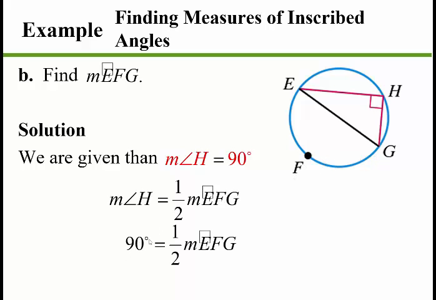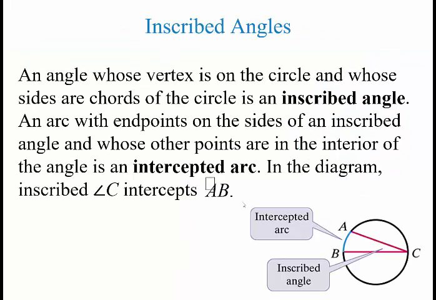So put 90 degrees over here. Basically, you have to multiply both sides by 2. What I'm really using to get this intercepted arc is the endpoints, the vertices if you will, of the inscribed angle.